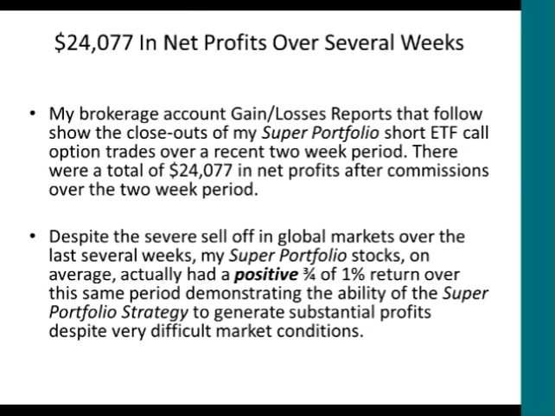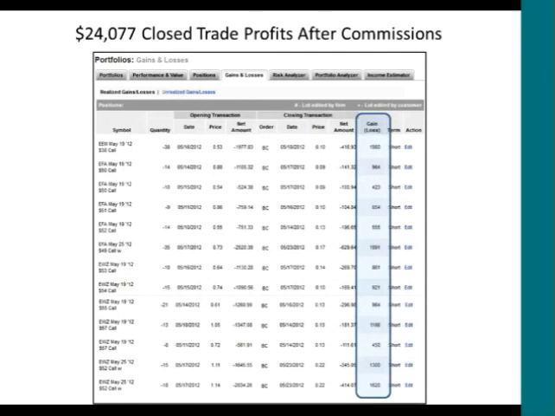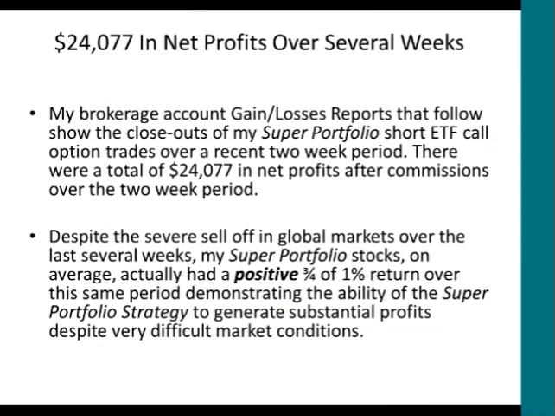And here's a snapshot I took. These were closed trade profits after commissions for these short ETF calls. And this week I collected over $24,000 in closed trade profits after commissions.